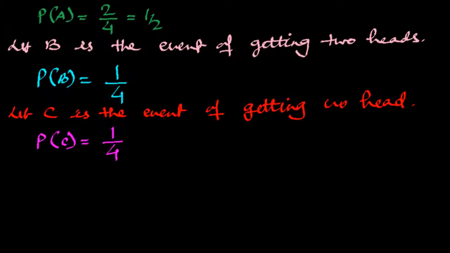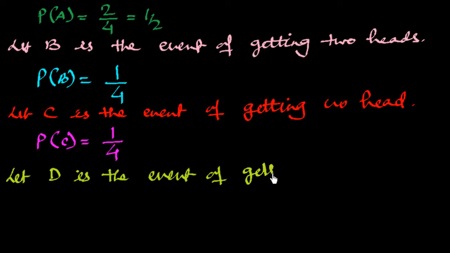One more example we are taking here. Let D be the event of getting at least one head. At least one head means it may be 2 heads also, because we have 2 coins, so we get a maximum of 2 heads. It may be either 1 head or 2 heads.